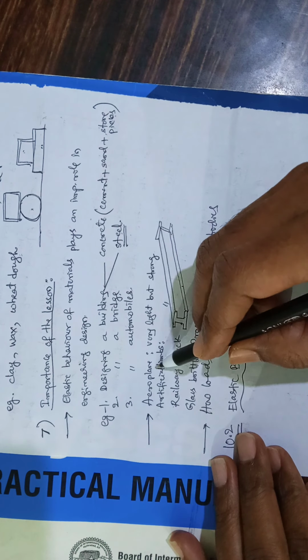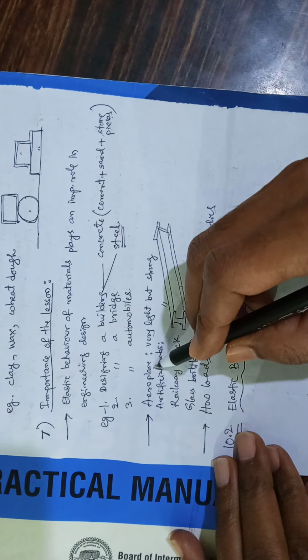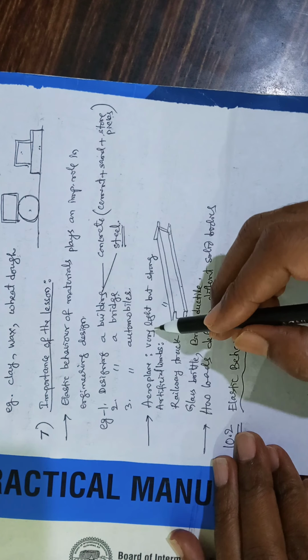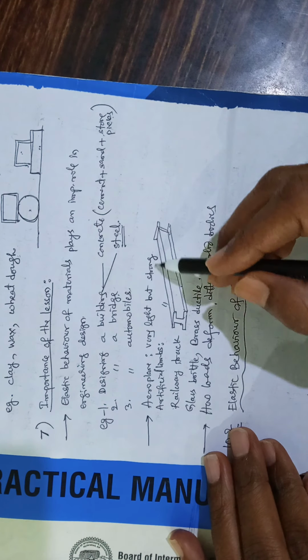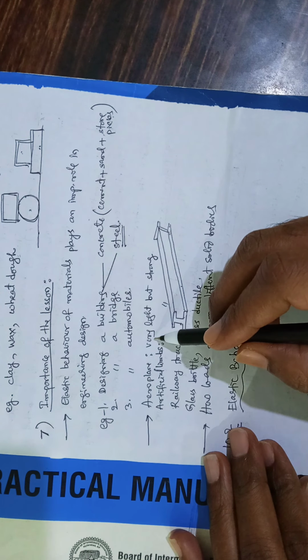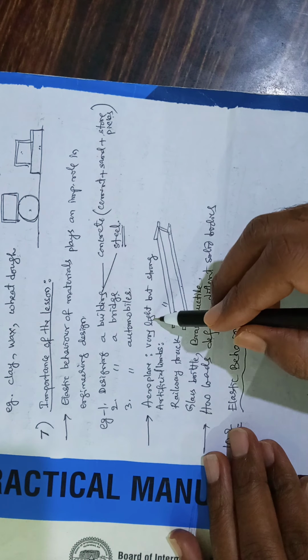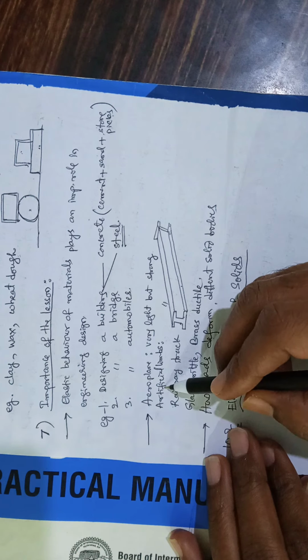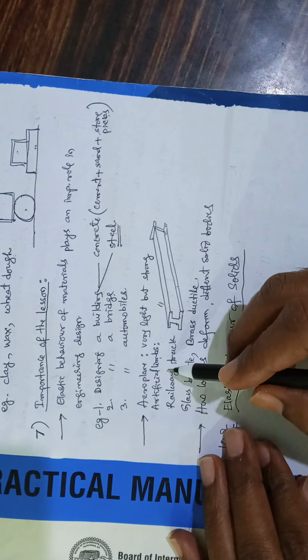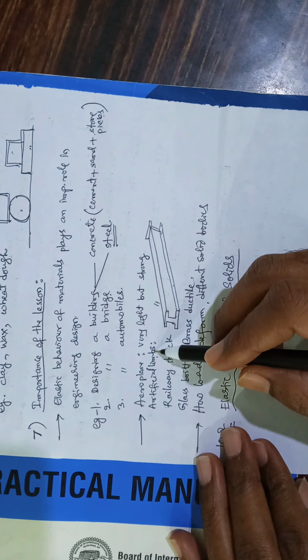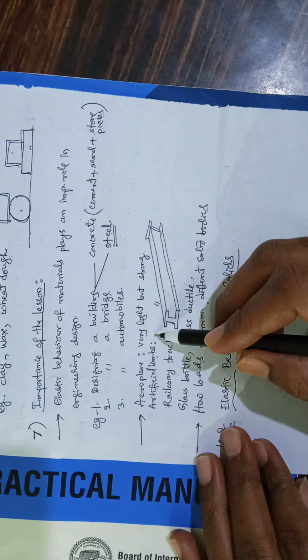See, you know very well, the aeroplane flies in the air, and to fly in the air, its weight must be less, but it must be strong. So, how to go for a material which is lightweight and at the same time strong enough? And say artificial limbs. So DRDO is preparing artificial limbs which should be lightweight and strong enough.